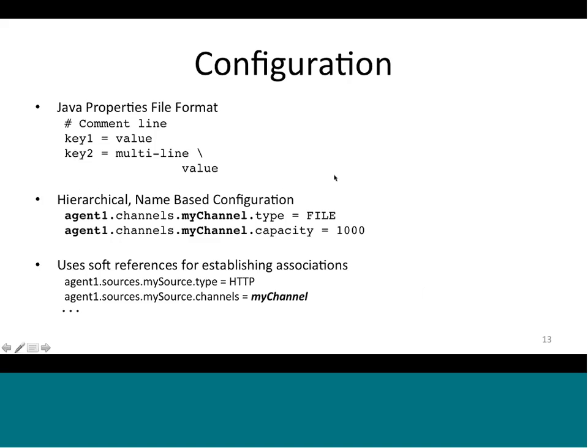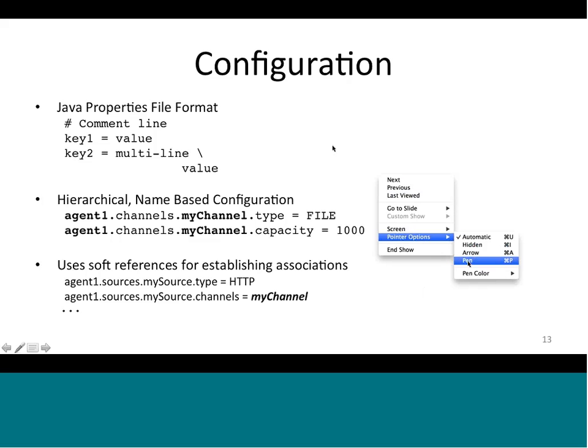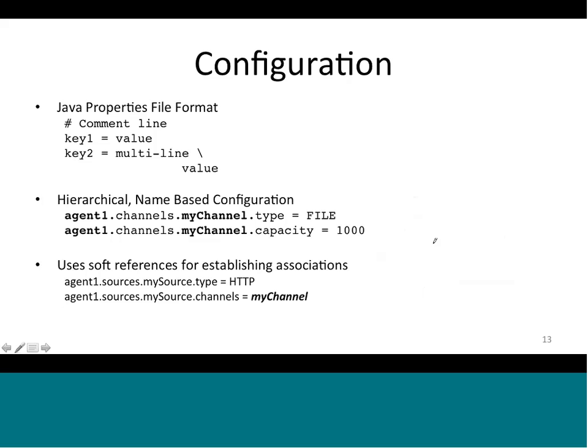man, on this Mac, somehow, this pointer, the pen, has to be reset every time you go to the next page. Okay? So hierarchical means that you have the agent name here. The component involved within that agent, it is channel. So if this was not a channel, it was a source, you would say source.